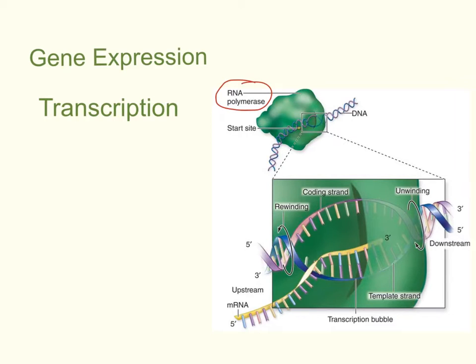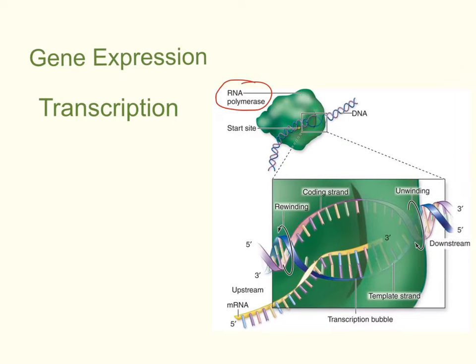RNA polymerase will bind to a special site on the gene known as the promoter. It will then be able to determine the start site of where to begin copying the gene. The region that is copied is called the transcription unit, and at the end of the transcription unit there is a terminator sequence which tells the RNA polymerase where to end the copying.